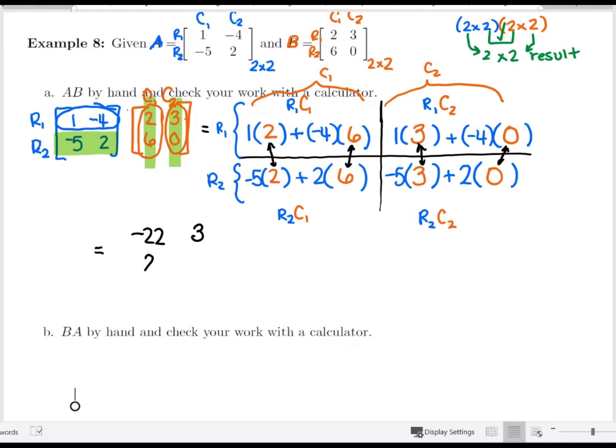You should get 2. And bottom right, we have -5 times 3 plus 2 times 0, which gets us -15. And notice that we do have a 2 by 2 result. And we just found A times B.